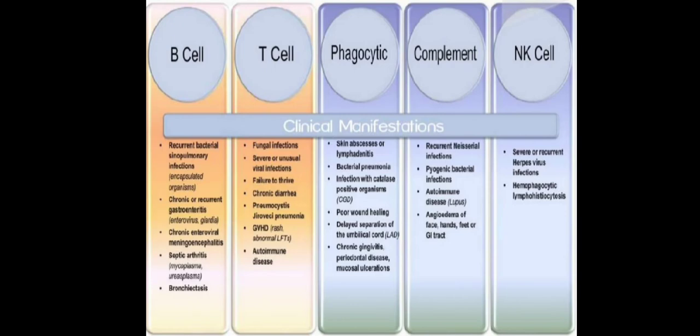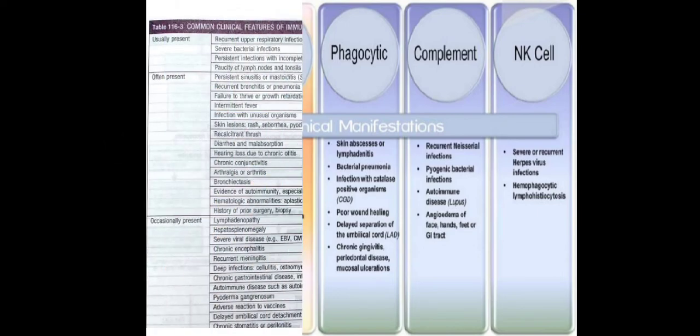Other symptoms or features: persistent sinusitis or mastoiditis, failure to thrive, skin lesions, diarrhea and malabsorption, hearing loss due to chronic otitis, bronchiectasis, evidence of autoimmunity. This is very important: evidence of autoimmunity in a child.